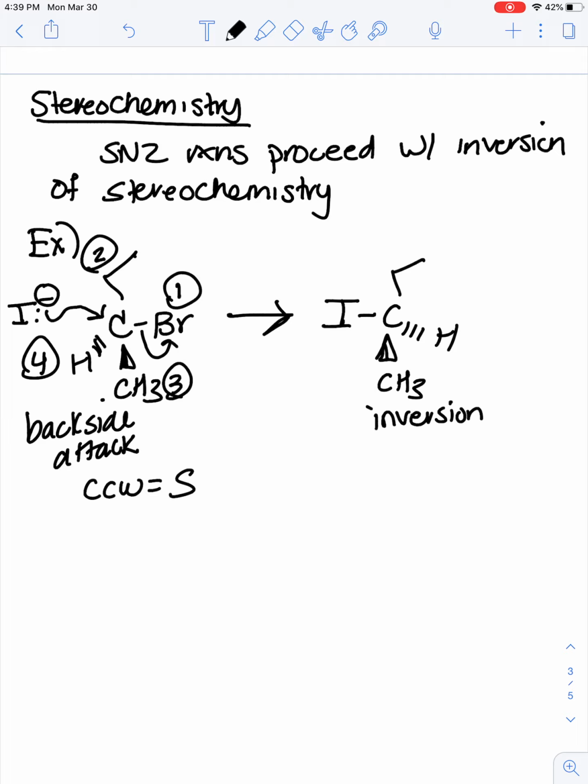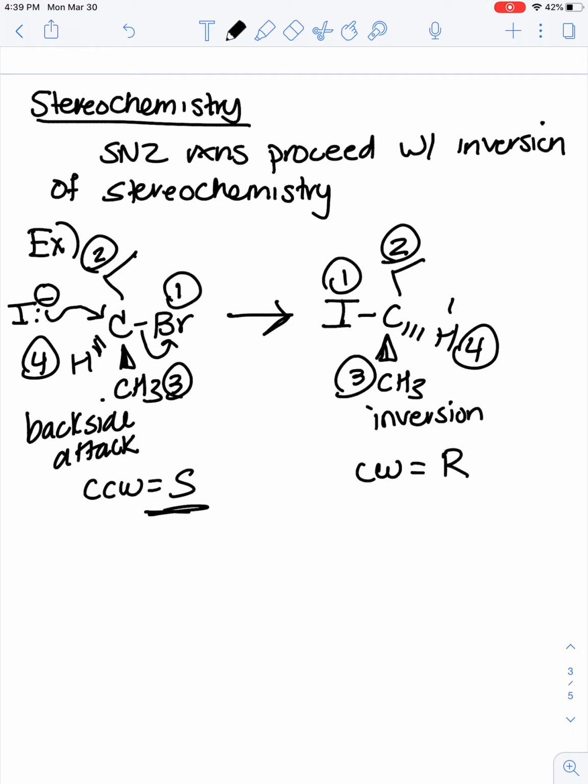Starting with S configuration, our product should be R configuration. So we have 1, 2, 3, 4, which is clockwise, meaning R configuration. Again, our lowest priority is pointing behind the page, which is what we want. So we see inversion of our stereochemistry. We started with S and we're ending with R.